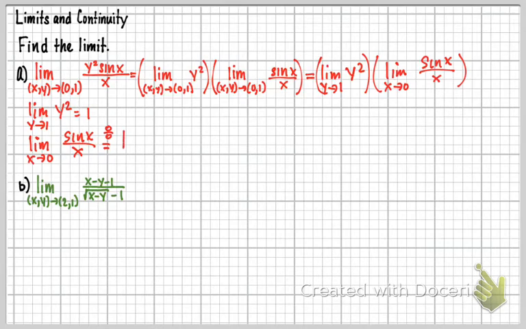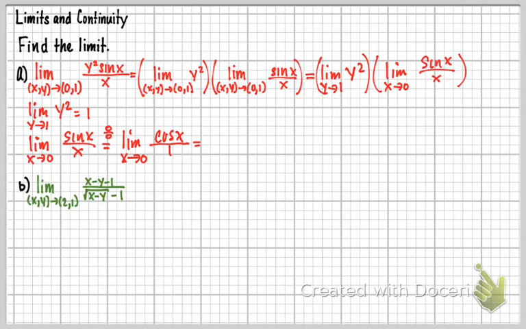Remember, L'Hopital's rule says that if I get 0 over 0 or infinity over infinity, then the limit of my original function is the same as the limit of the derivative of the top over the derivative of the bottom. So that means this would end up being cosine of x on top, because the derivative of sine of x is cosine of x, and the derivative of x is 1.